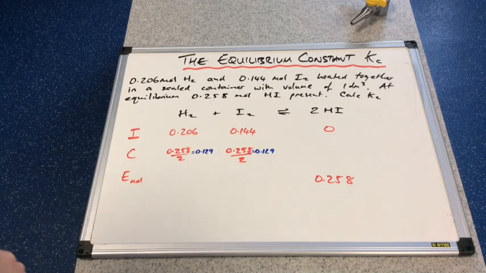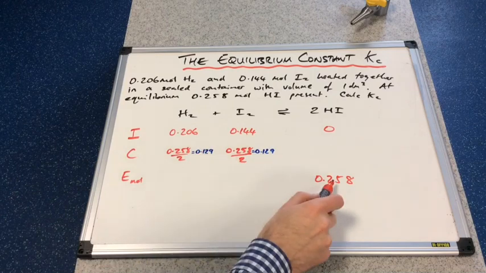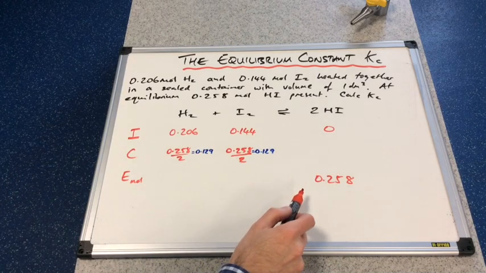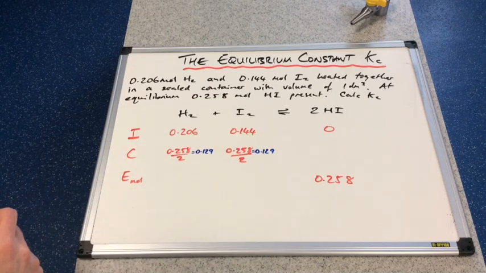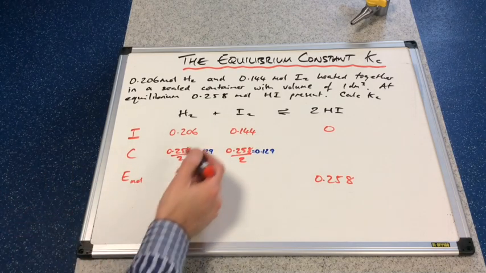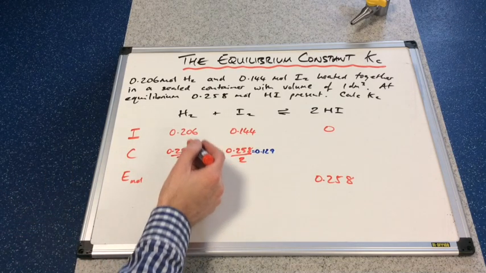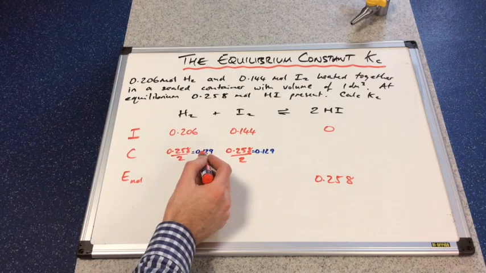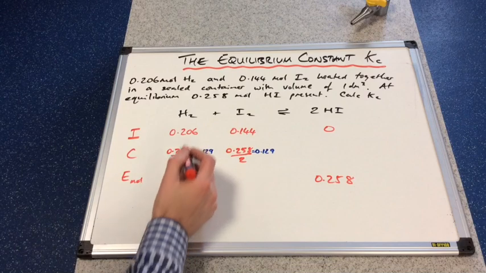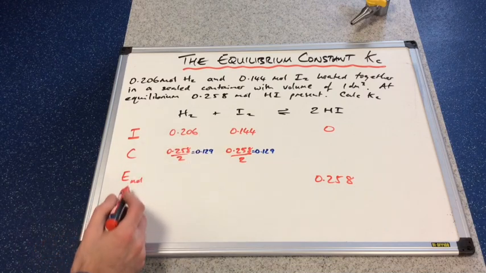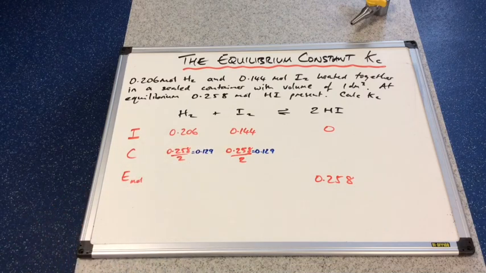So just to confirm, to make 0.258 moles of HI, we need half as many moles of H2 and half as many moles of I2. So these are going to drop. This initial moles value will drop by this amount because it's making that. And so the difference between those two will be the equilibrium moles of hydrogen.